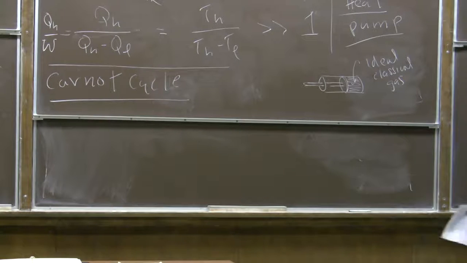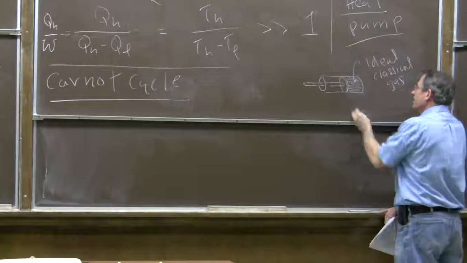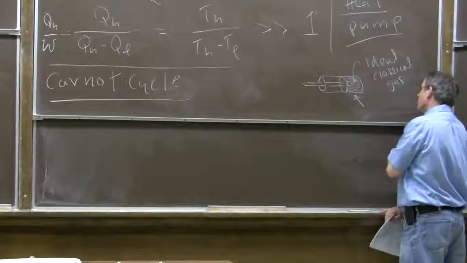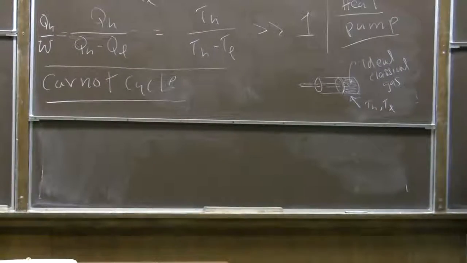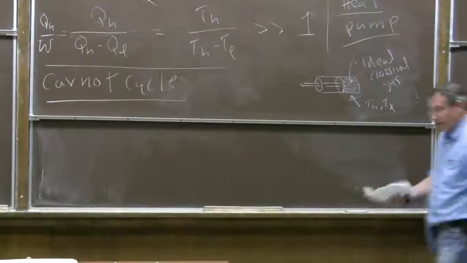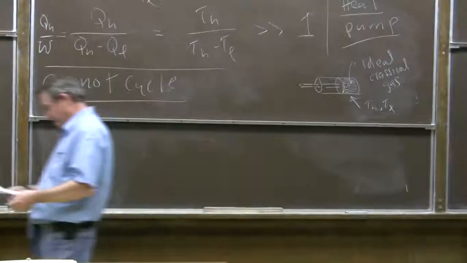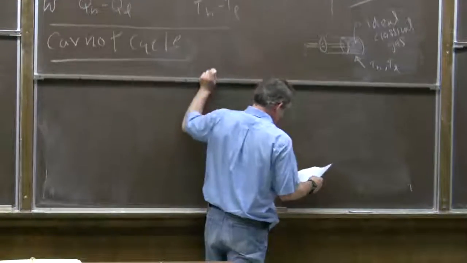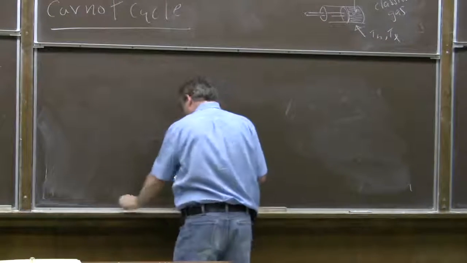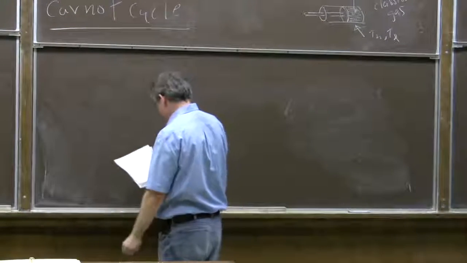We can bring the working fluid, the ideal gas, into contact with either one of two reservoirs at tau h or tau l. So I'm going to consider a closed cycle which has 4 steps. In the context of heat engines, they're usually called strokes. Well, I'll call them strokes.